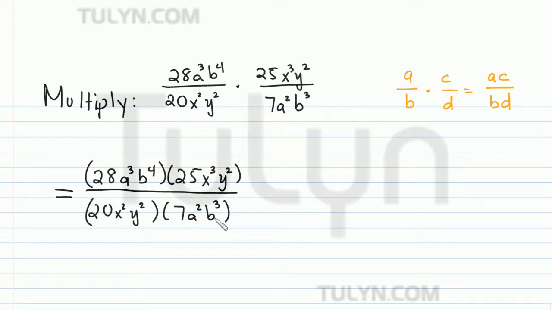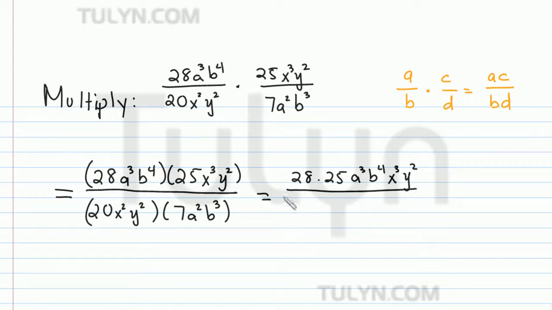Right? So now I want to order my terms a little bit. I want to put the numbers together, and then all the variables together. So I want to have 28 times 25 times a cubed b to the fourth x cubed y squared. So sort of in alphabetical order, and the numbers go first.